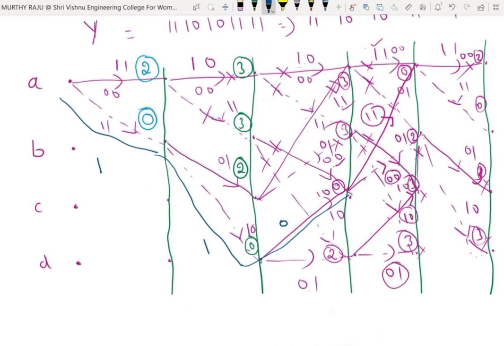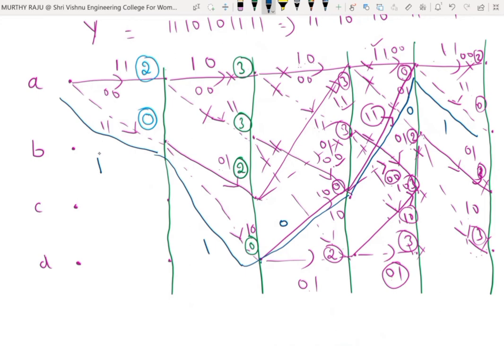From this, 0 and 2 are there. I have to follow this path. Solid line, that means 0. Here 0 and 2, therefore follow this path. Dashed line means 1.